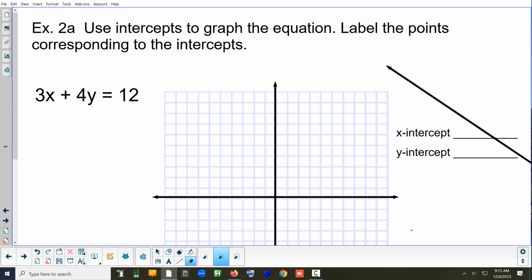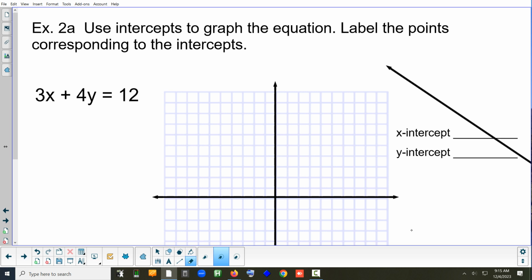What I want you to do off to the side is also write down what the intercepts are. The directions say label the point. So in this case, they just want you to write the coordinate of the x-intercept and the y-intercept, with parentheses and a comma to write the whole coordinate.